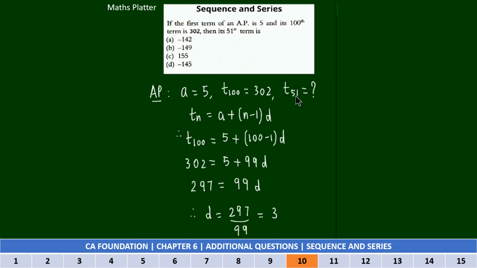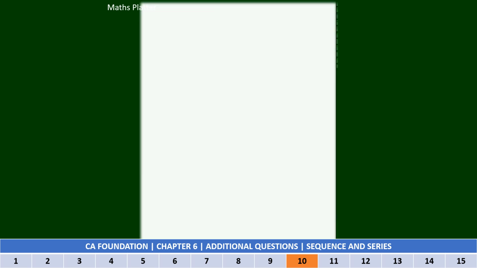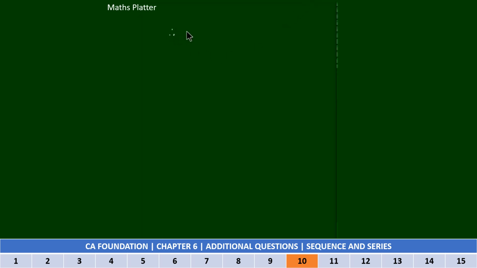Now we could obtain term number 51. So therefore we could say T51 is equal to, now A, that is the first term, is 5 plus n minus 1, that is 51 minus 1, into D. Now D is 3.